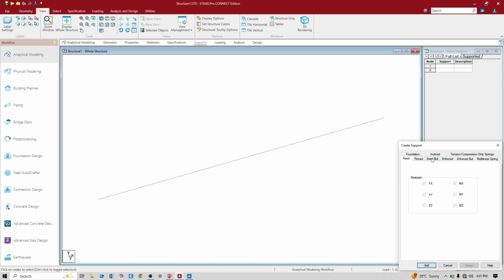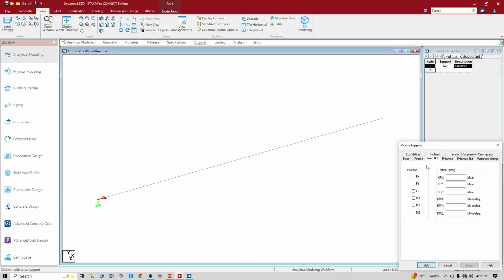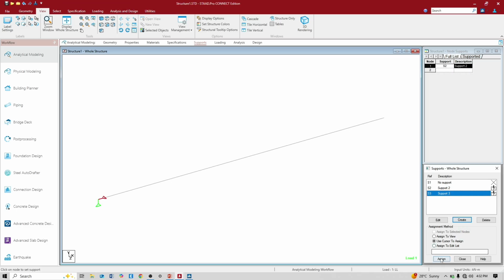For bending moment calculation, these all are released. So this is support 2. Next, only vertical reaction is allowed at point D. So this is support 3.